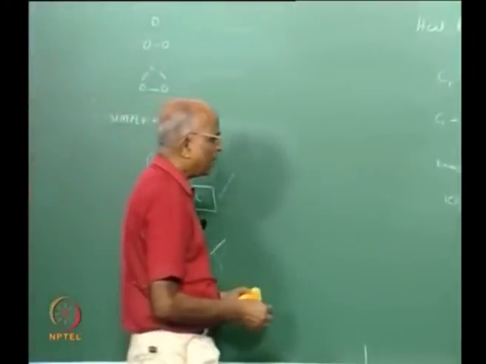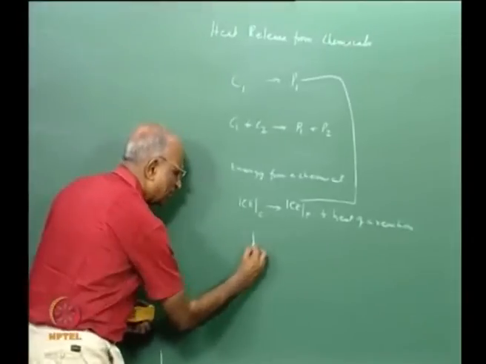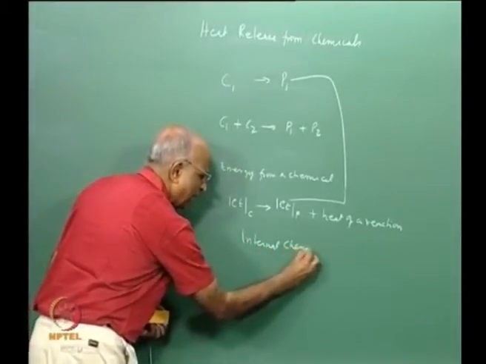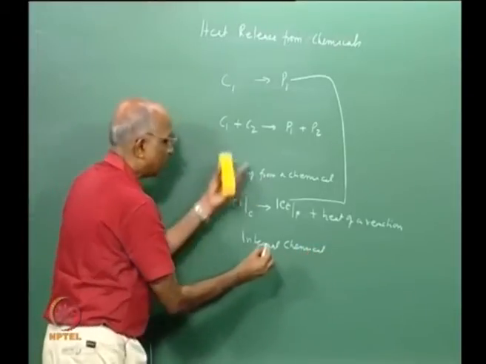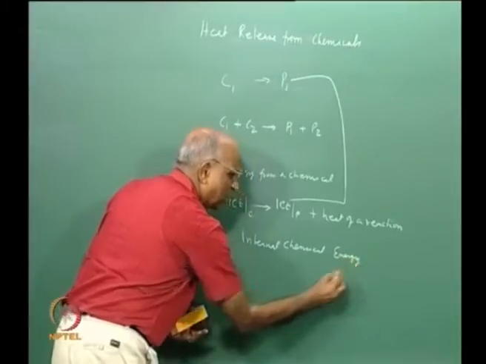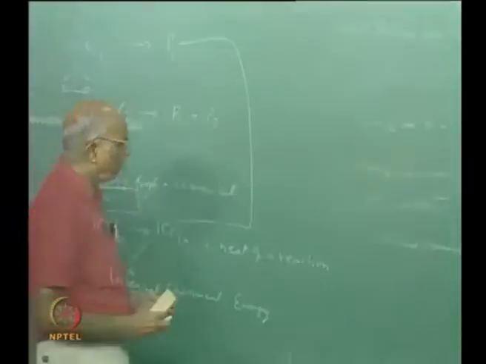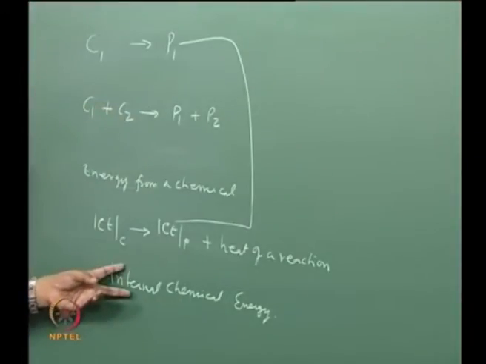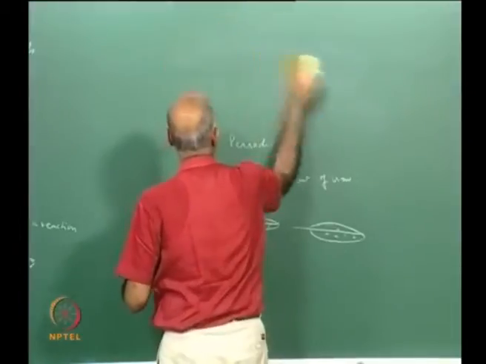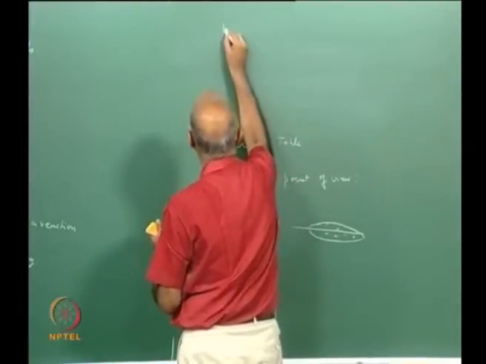Therefore, basically I need to find out what this internal chemical energy is, or what is the energy available with the chemical, which I call internal chemical energy. The word given to describe this internal chemical energy is what all of you know very well, what we call heat of formation.